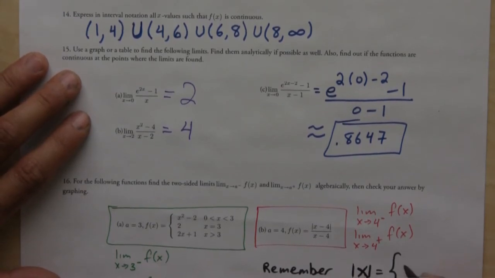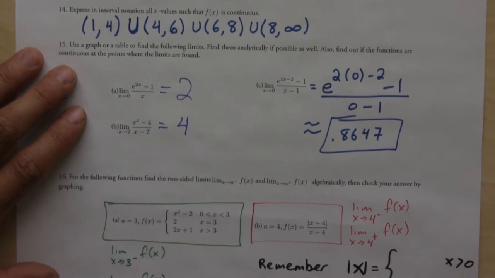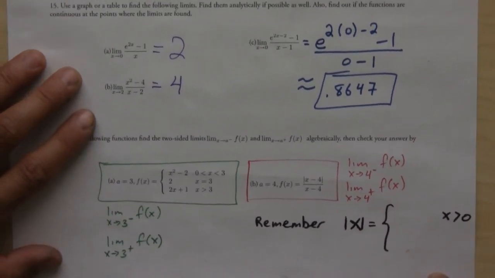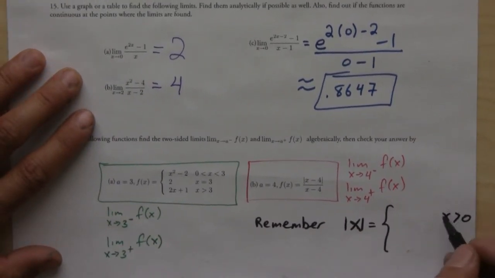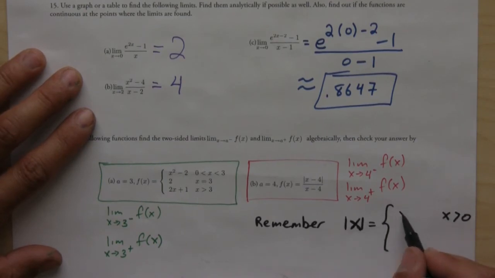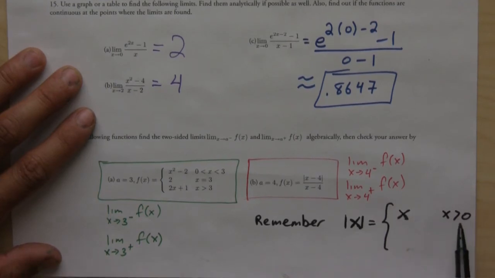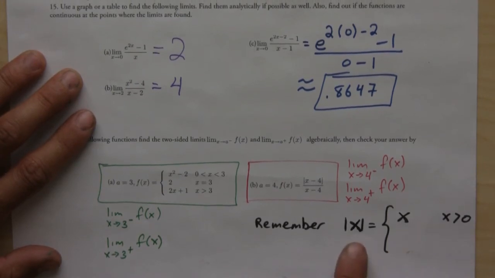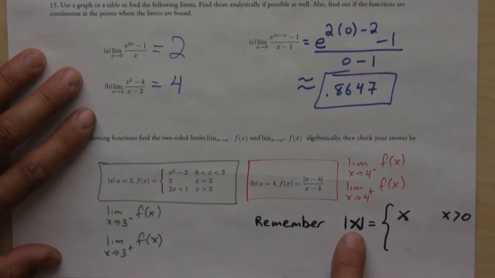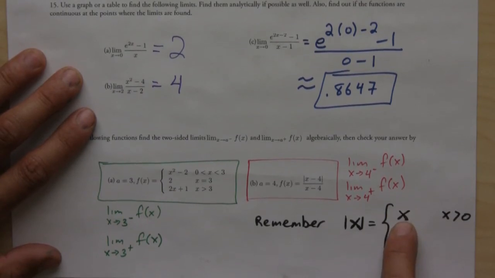So what that means is that, let's say x is greater than 0, then this guy right here would equal x. So for example, if I plug in positive 4, that equals just 4 as well. So that's exactly the same thing.